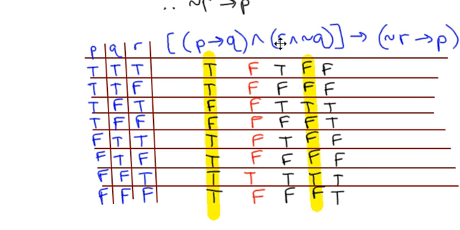So the conjunction between those two statements, when I compare those columns that are highlighted, I'm looking again for any cases where both statements are true. So in the seventh case, they're both true, so I have true as my truth value. And then for the rest of that column, I'm going to fill in false.